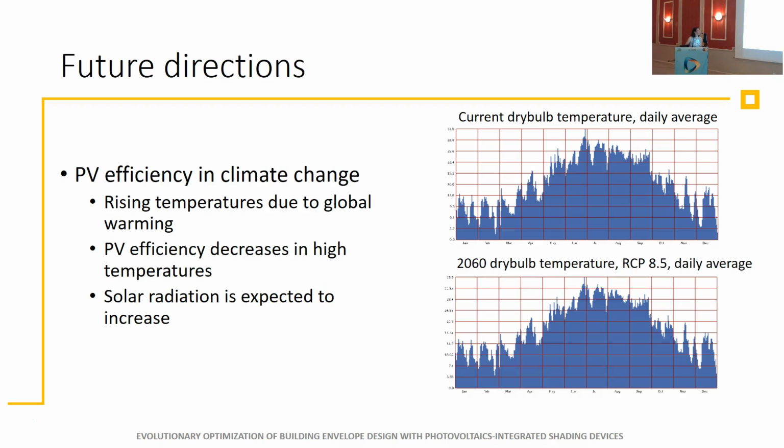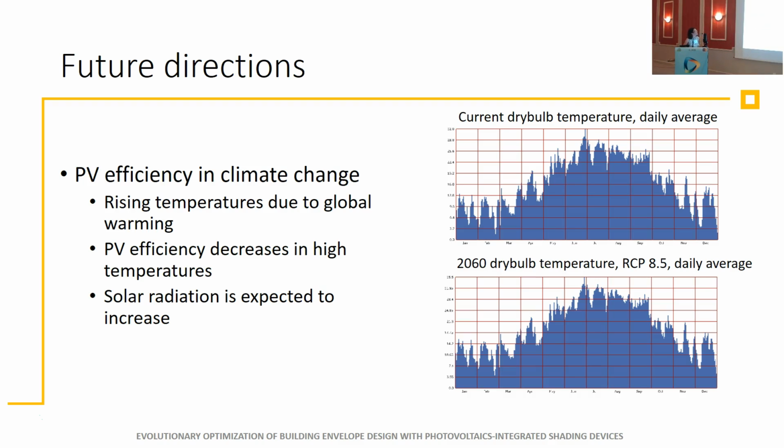And finally, the future research direction that we plan to pursue is the building performance and efficiency of photovoltaics in a changing climate. So the rising temperatures due to global warming have an influence on PV efficiency, because with higher temperature the efficiency seems to drop, and solar radiation is expected to increase in the future.